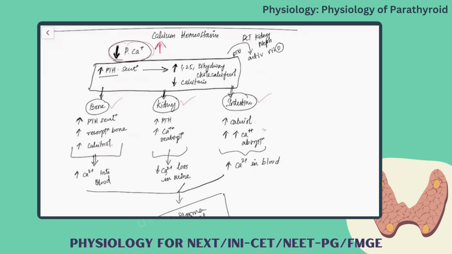So that is determined by the parathyroid hormone and the calcitonin. Clear? And the same homeostatic mechanism gets reversed in the case of increase in the plasma calcium level. So this is how the homeostasis of calcium is maintained in our body.